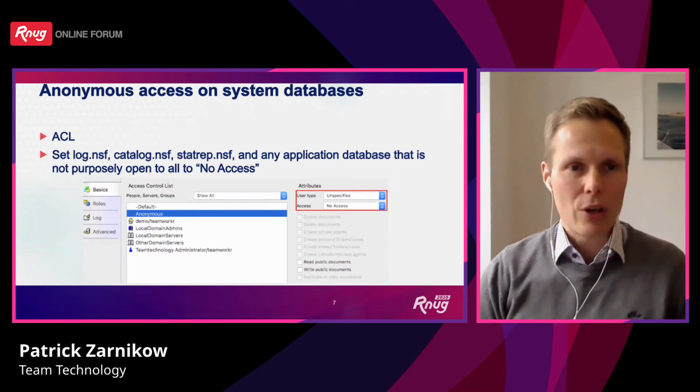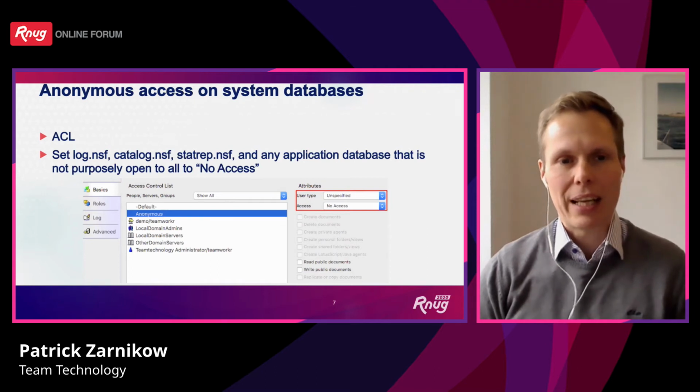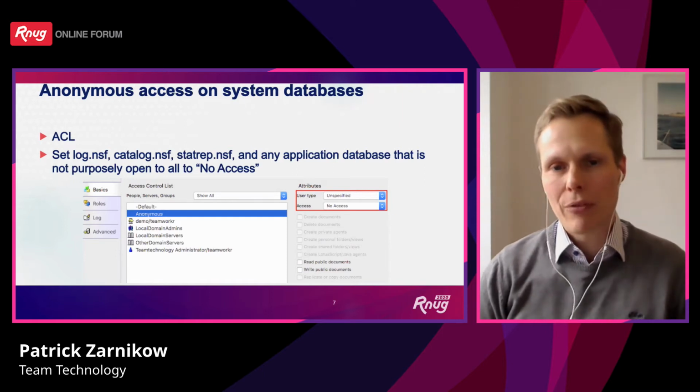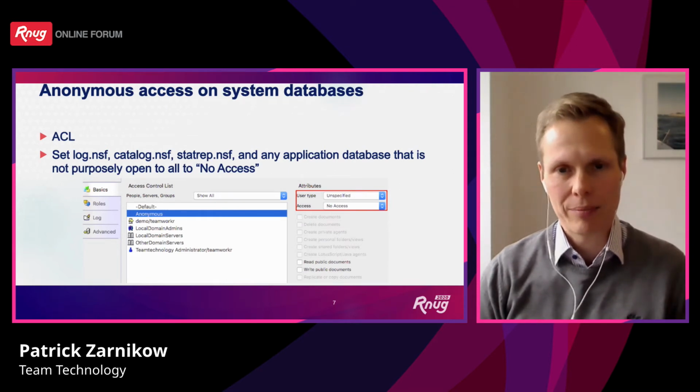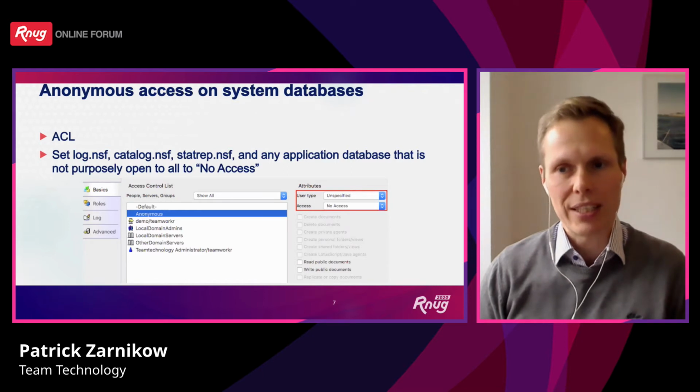When we take a look at anonymous for the system databases like log.nsf, catalog.nsf, statrep, and so on, any of these databases should have the anonymous access set to no access. And any application database should also be set to no access if you don't want unauthenticated anonymous users to access these applications.